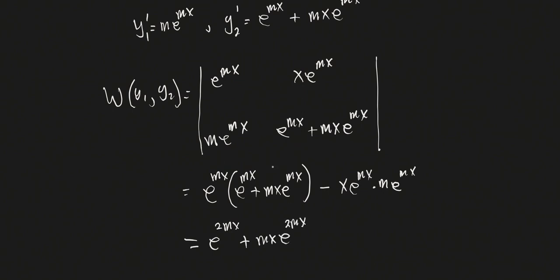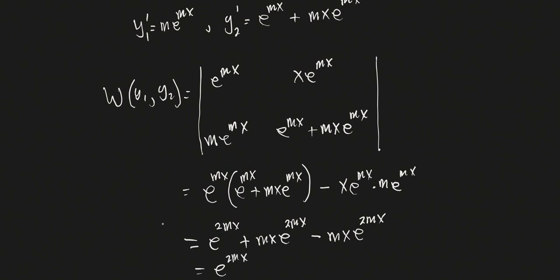Again, adding those exponents. The term that I subtract, I have mx e to the 2mx. So what happens is these two terms get canceled out, and I'm left with e to the 2mx.